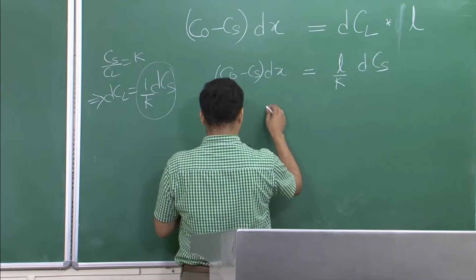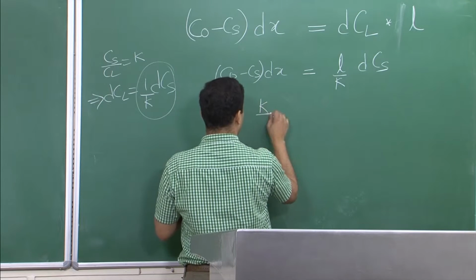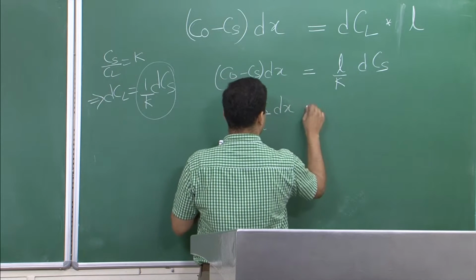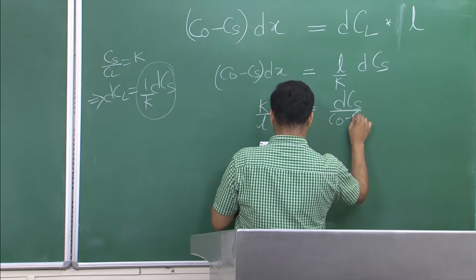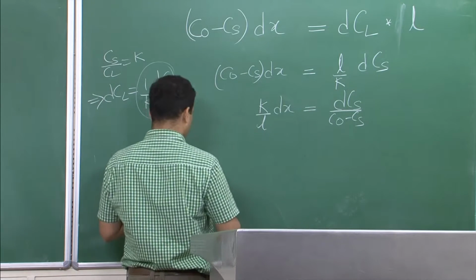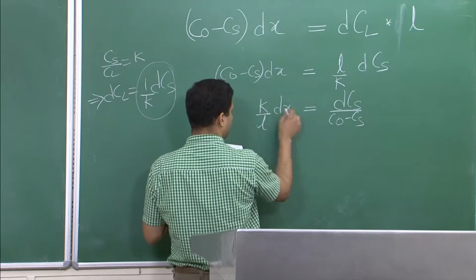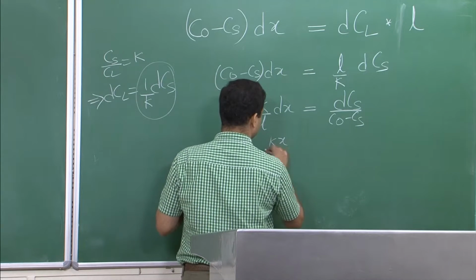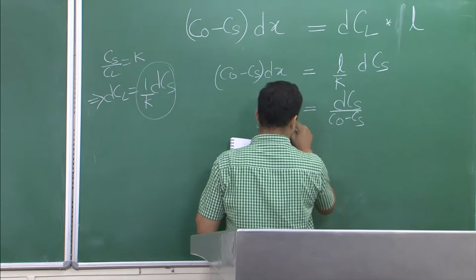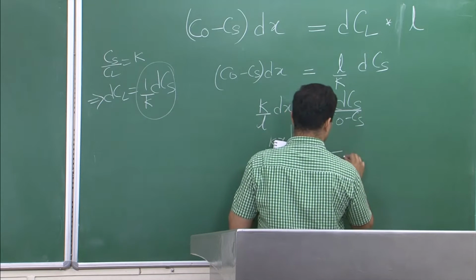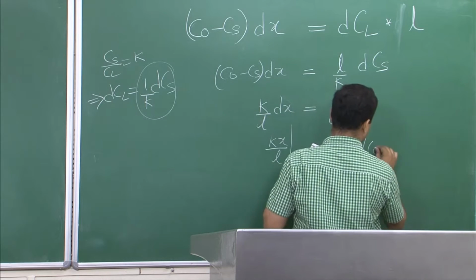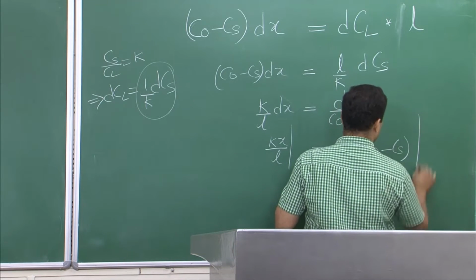Now, let us put K over L on this side times dx is equal to dCs by C naught minus Cs. When we integrate it, this becomes Kx by L in a range, and this becomes minus ln of C naught minus Cs, with its range.